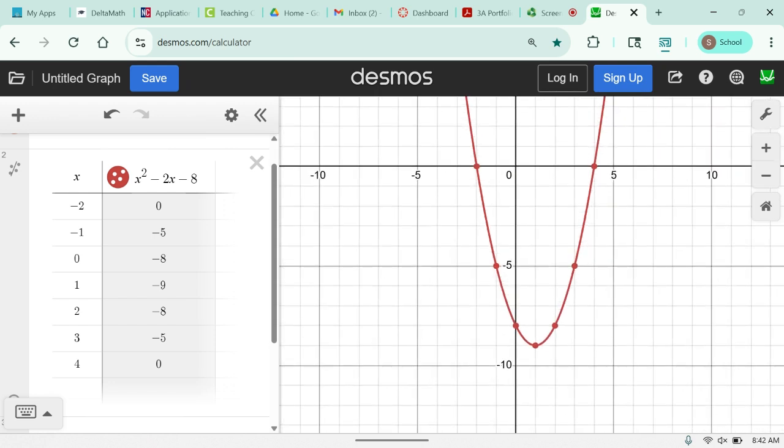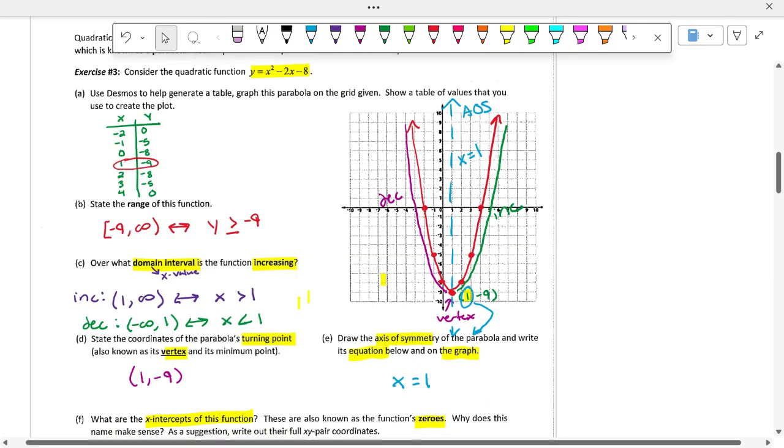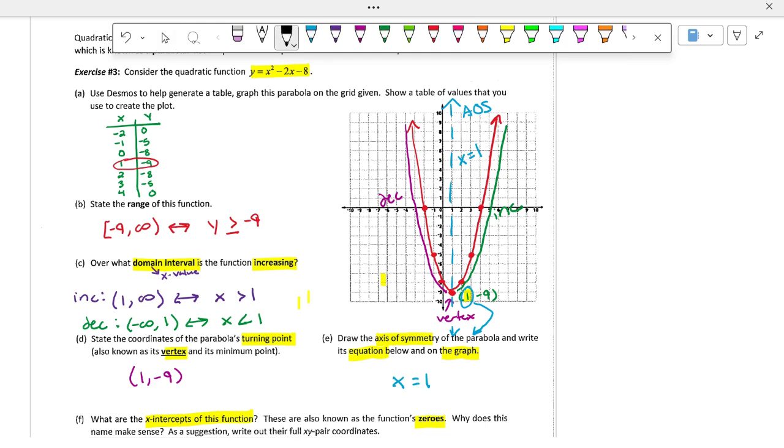You can always go to Desmos, and it will mark the x-intercepts for you automatically, so you can just click on them. So what are my two x-intercepts? Where are they at? Where are my two x-intercepts, guys? So on the x-axis, where are the 2 points? -2, 0, and 4, 0.